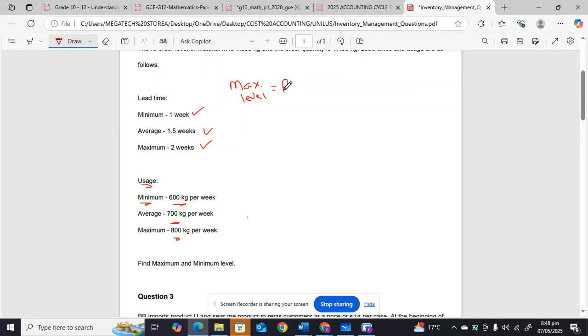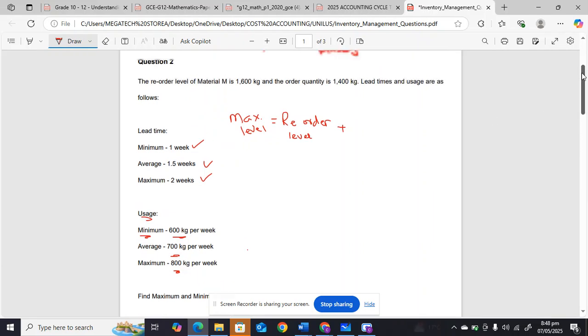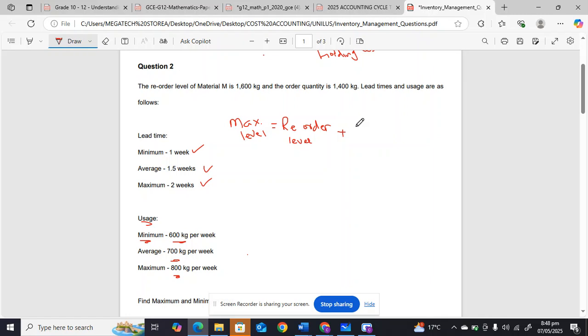It's the reorder level plus the reorder quantity minus the minimum usage times the minimum lead time. When you reach the reorder level of 1,600 kg, you need to make another order.